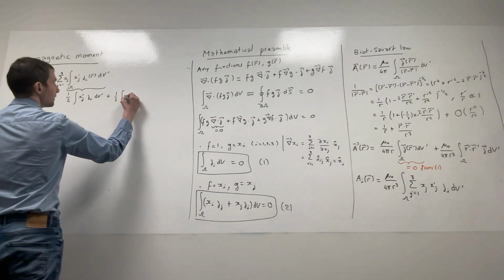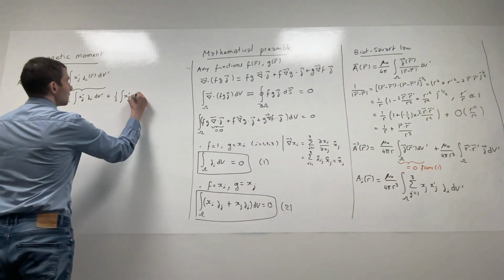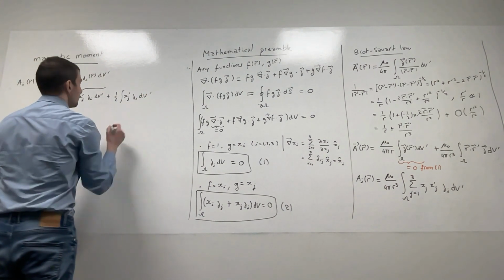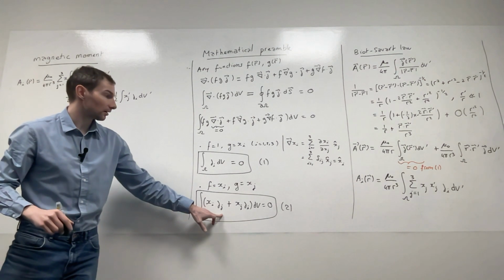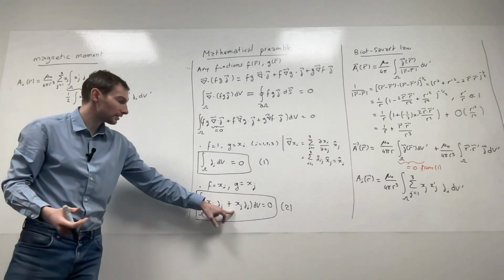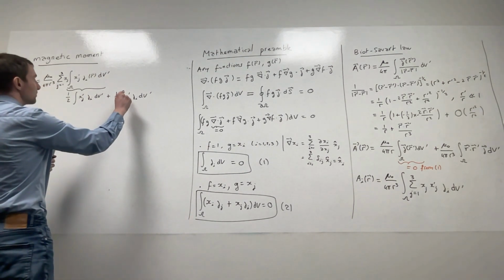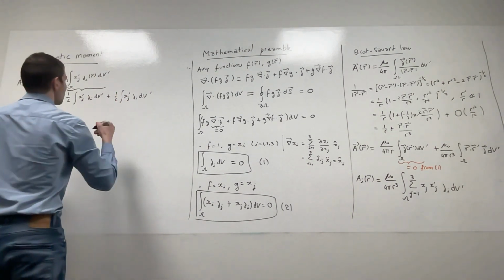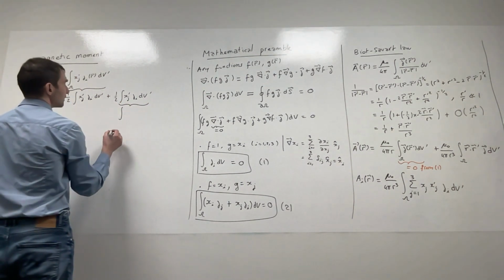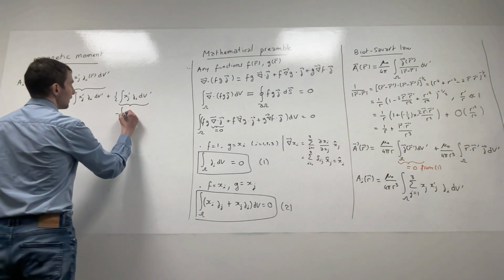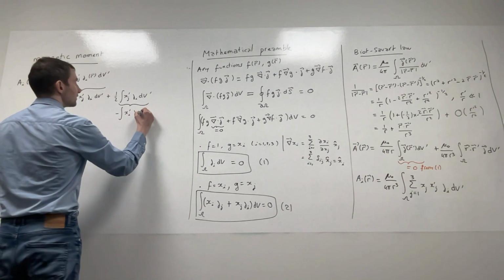So nothing crazy here, I'm just saying that half and half is equal to 1. But then I can actually use this particular kind of theorem, or identity, to say that this quantity here is actually minus x_i prime j_j, and then dv prime.